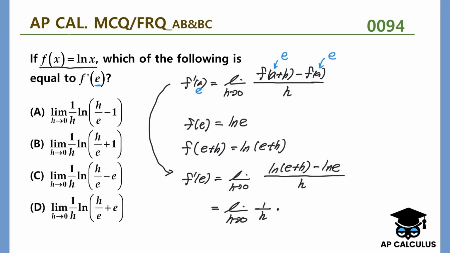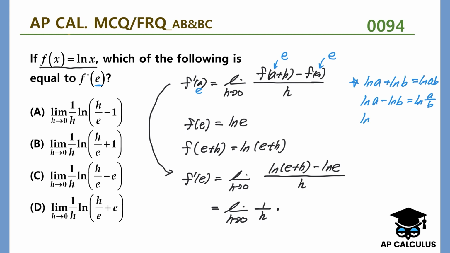Using the properties of logarithms, we know that natural log a plus natural log b is equal to natural log of a times b, right? What if we have a subtraction? Natural log a minus natural log b is going to be natural log of a over b.